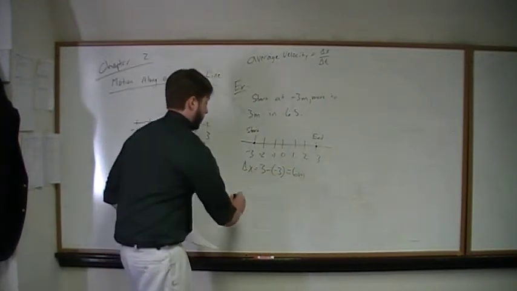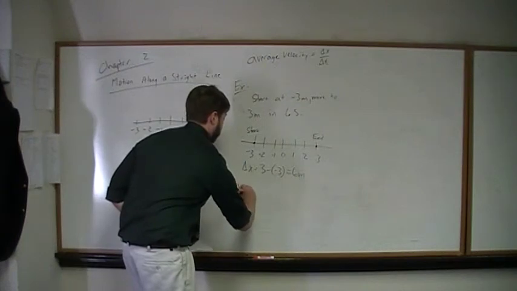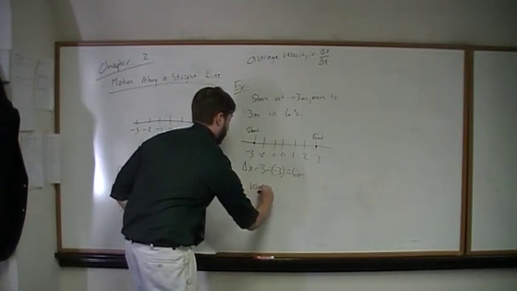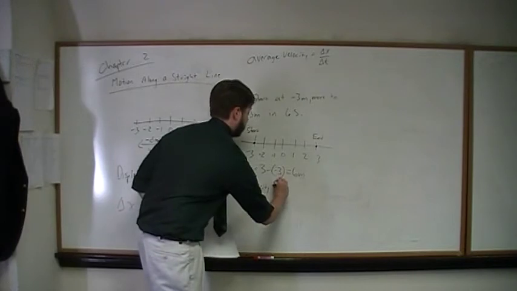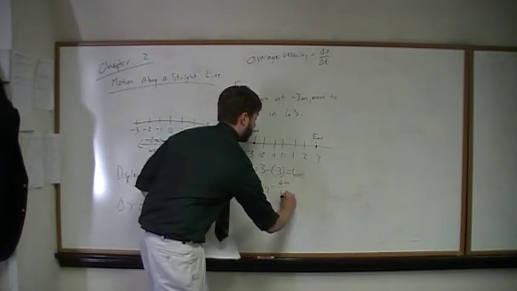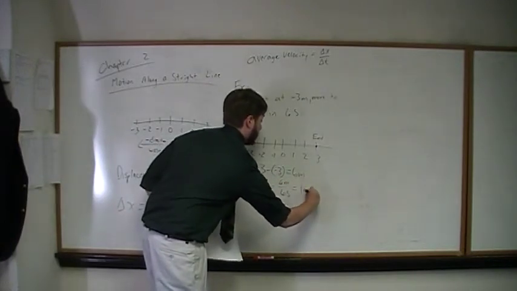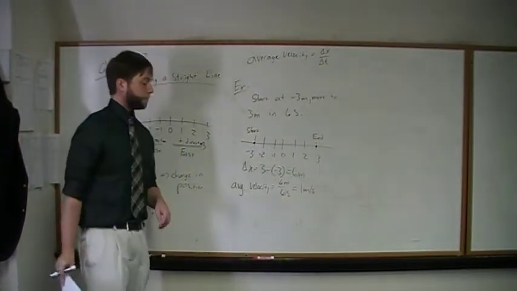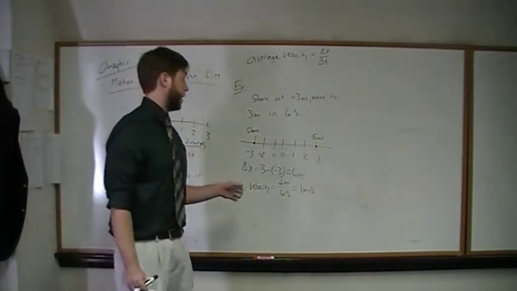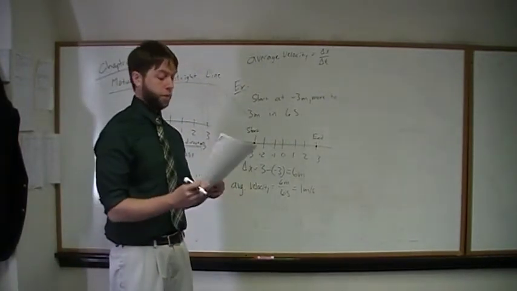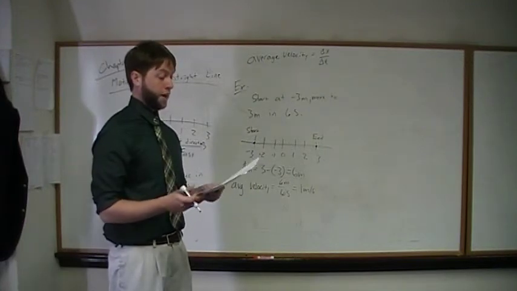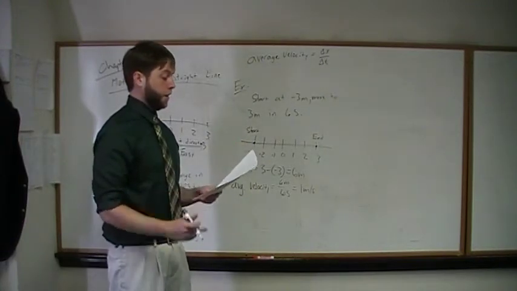We did this in 6 seconds, so our average velocity is equal to the 6 meters divided by 6 seconds, or 1 meter per second. So our average velocity in this case was 1 meter per second. Hopefully that makes sense. Okay?